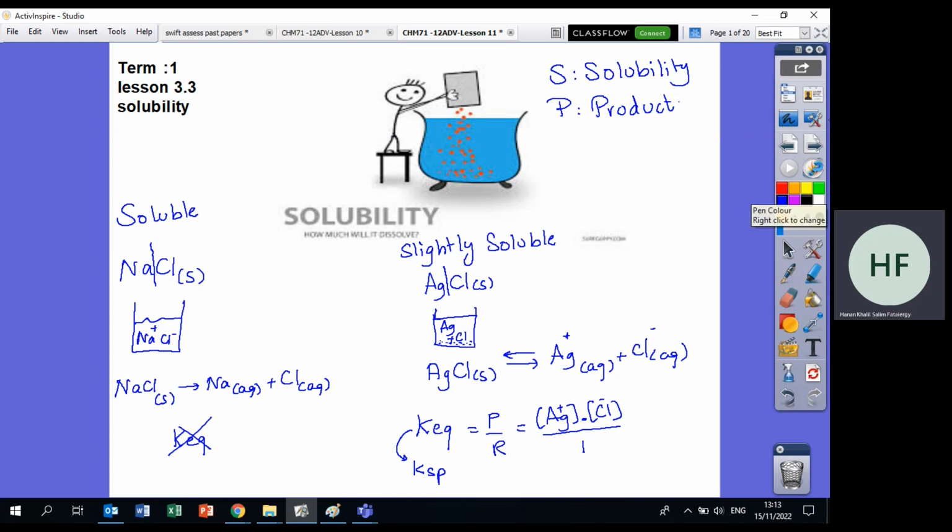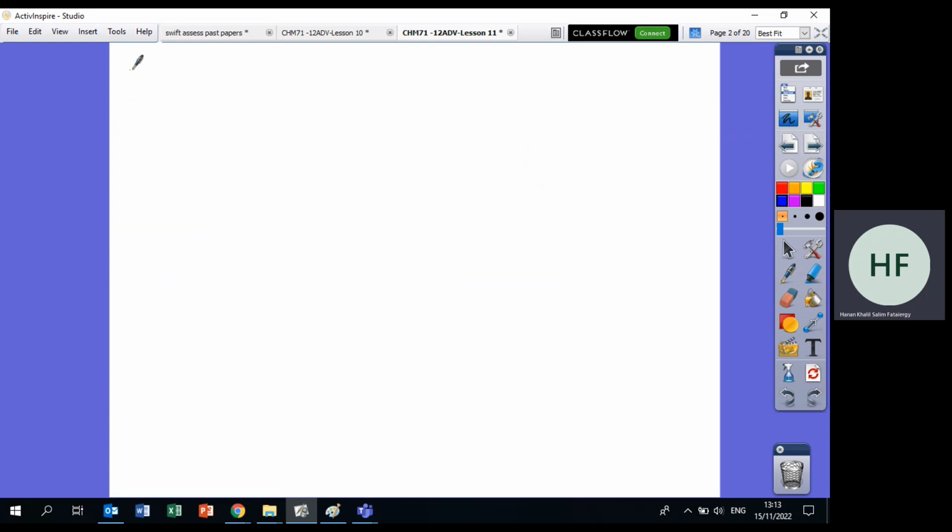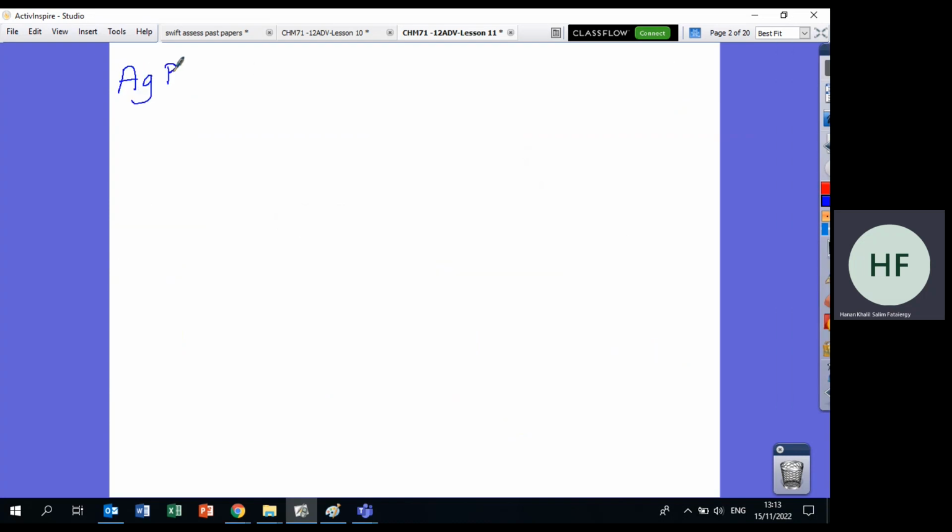Now what about other things? We can also have other salts that could dissolve in water. Let's speak about AgBr, Fe(OH)2, and Al(OH)3.